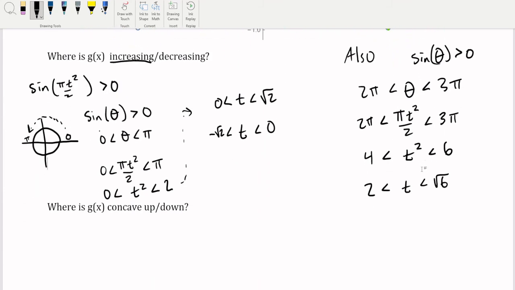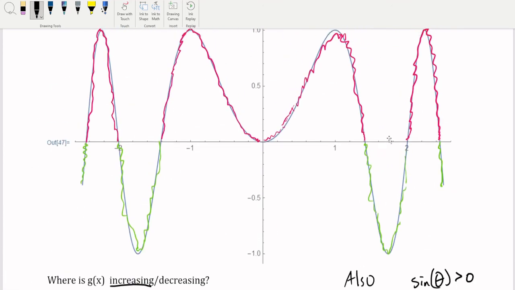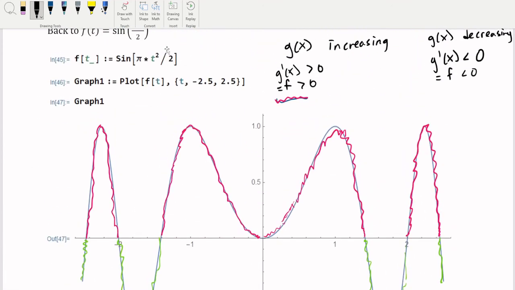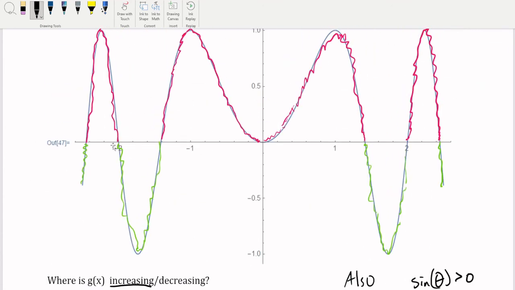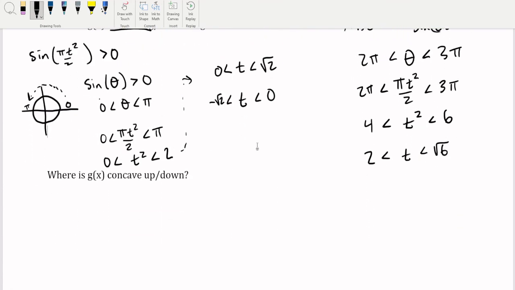It's because of the square and having to do the square root that we're shrinking that. This might be something fun: you can go into Mathematica and try to stretch this out and see what happens to the function. And then also flip this onto the other side, and it's the same thing over here.